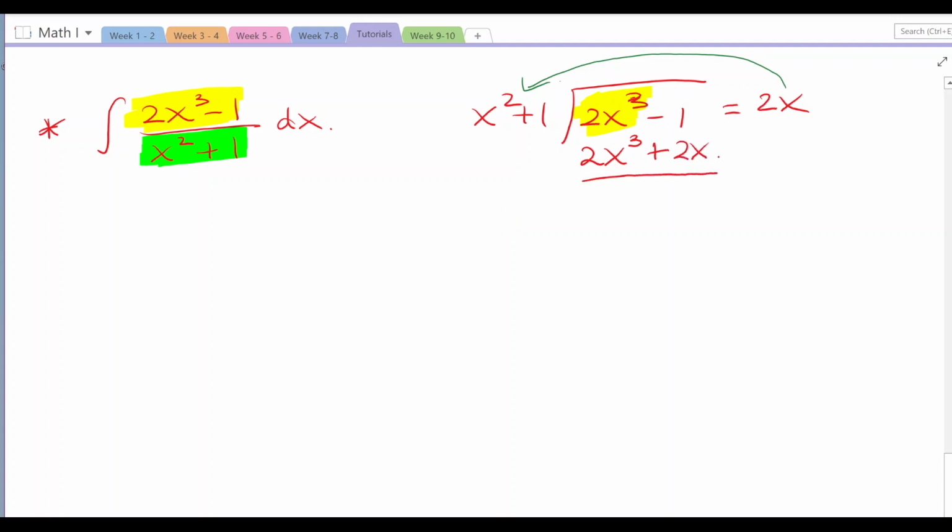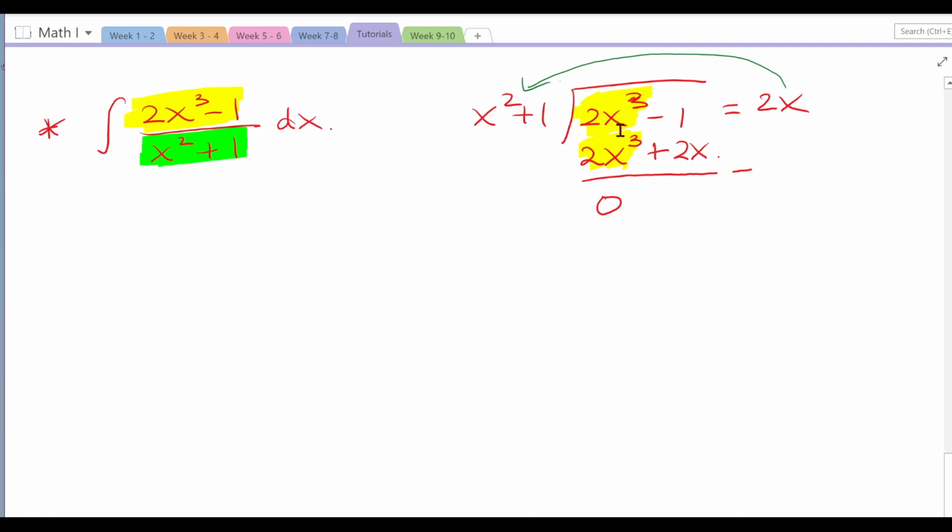Just like any other division that we learn in school, we're going to subtract the first term and then the next term. Let me highlight this also in yellow. So the subtraction will become 0.